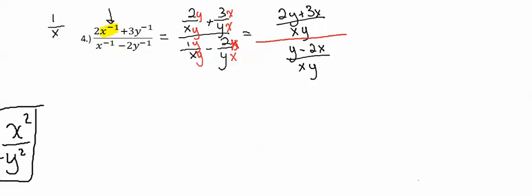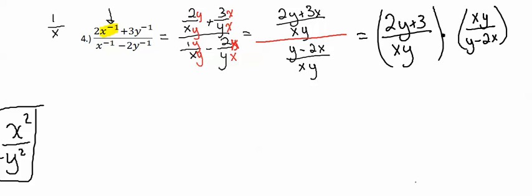So you end up getting 2x plus 3x over xy divided by the quantity y minus 2x over xy. Now we can take this and multiply by the reciprocal. Now if you take a look at this xy in the denominator cancels with this xy. And hopefully what you notice is that the denominators in this fraction before that are the same. If both the denominators are the same and the fractions within each other, you don't have to show that expanded part.